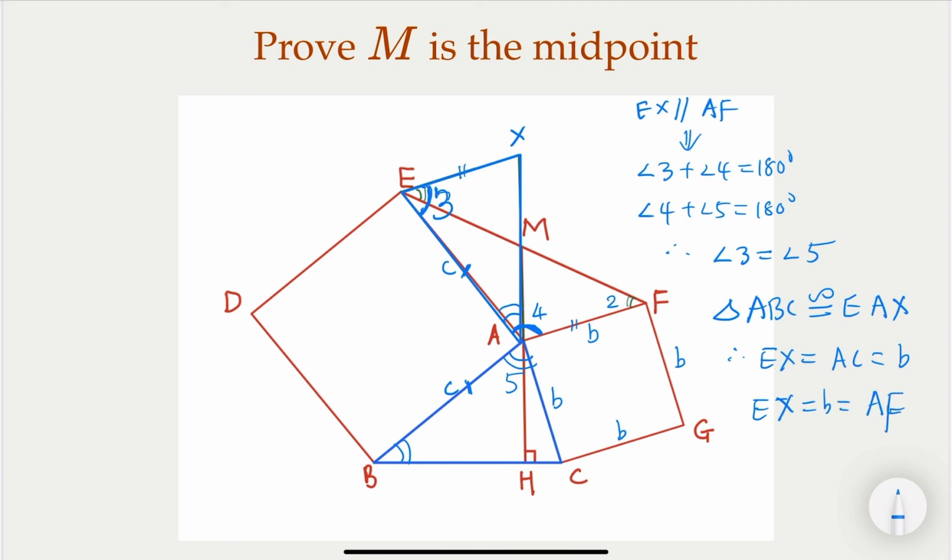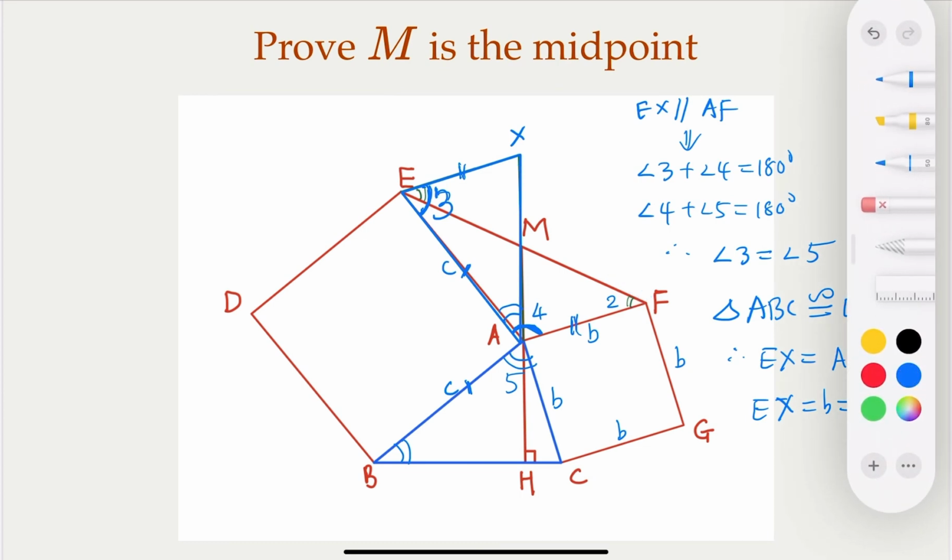AF. So since you have a parallel line, and if you claim that this is equal to each other, then of course this must be parallel, right? This XF. Let's erase this. Okay. So M is the midpoint because this is parallel.